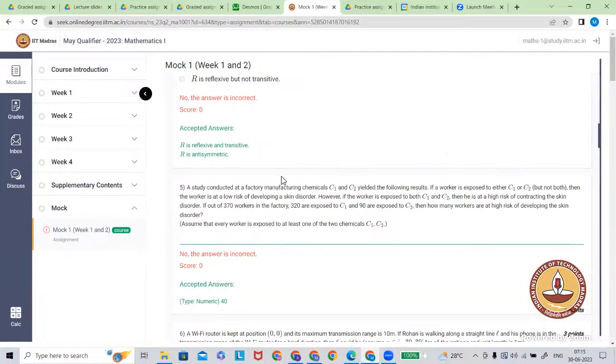A study is conducted at a factory which is manufacturing two types of chemicals, chemical 1 and chemical 2.